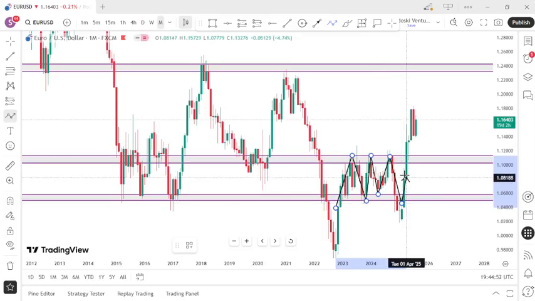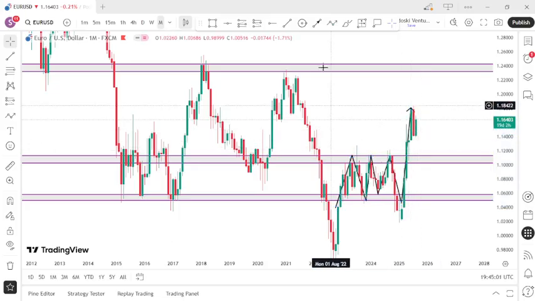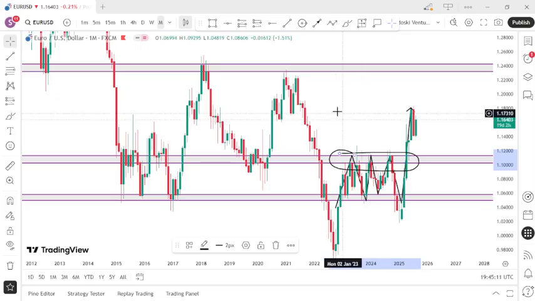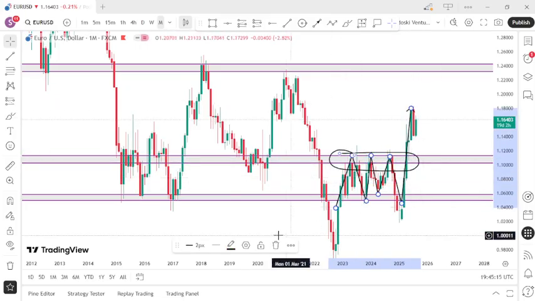Price broke the monthly ranging market to the upside. So we are looking at a bullish market from the monthly time frame, and the breakout actually happened here a couple of months back. So we are still looking at a bullish market on EURUSD.